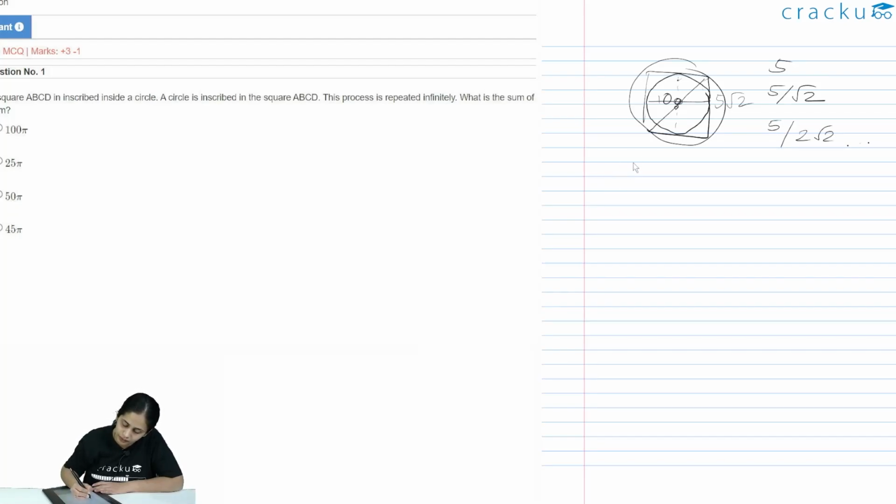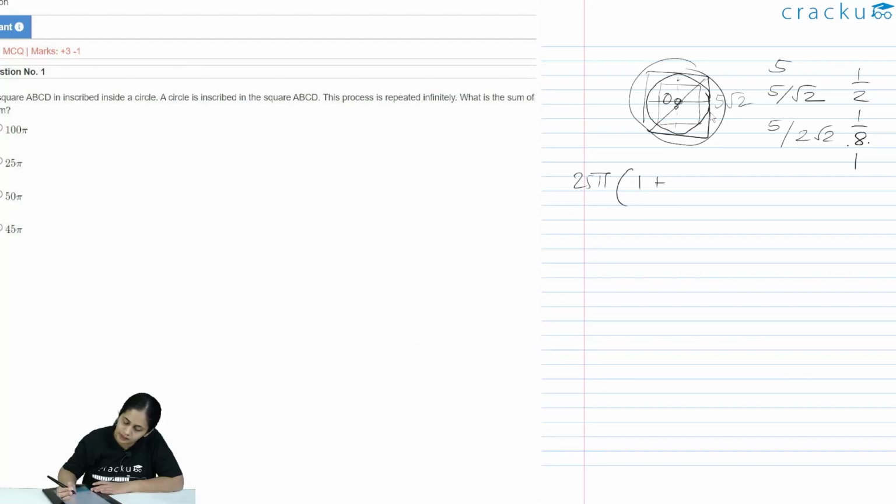So the sum of areas of the circles is 25 pi into 1 plus half, then 1 by 8... Would it be this? Each time you would multiply by, so this is again a square.